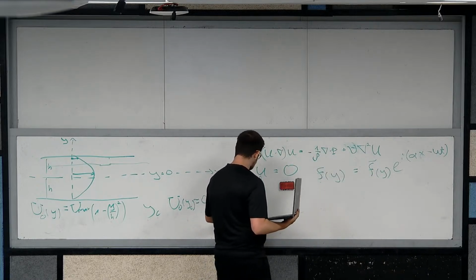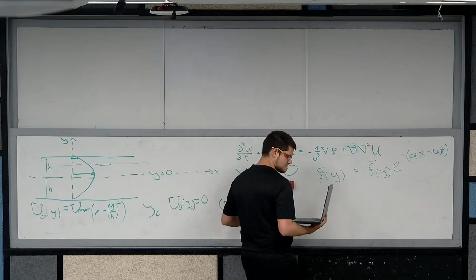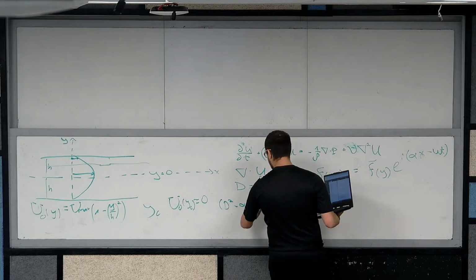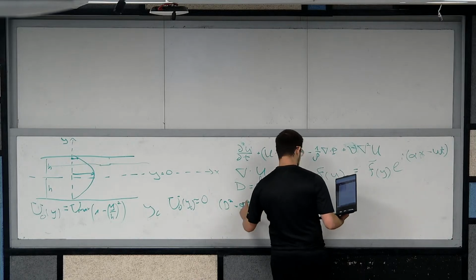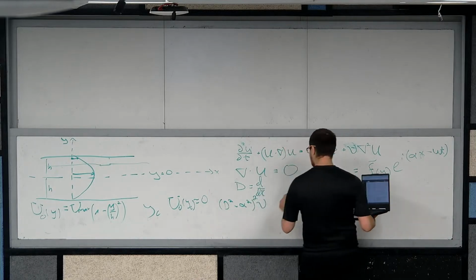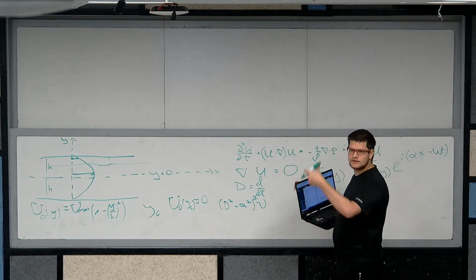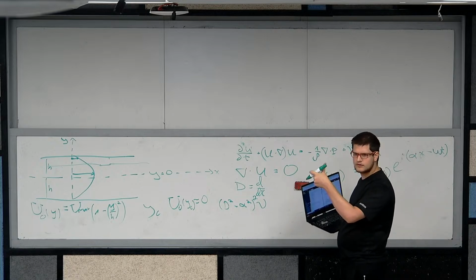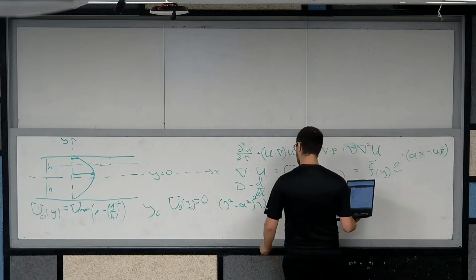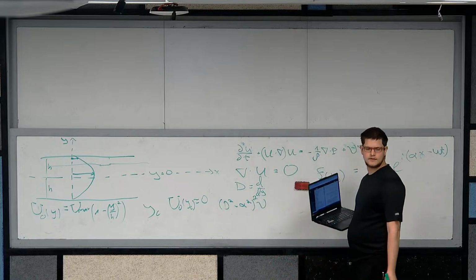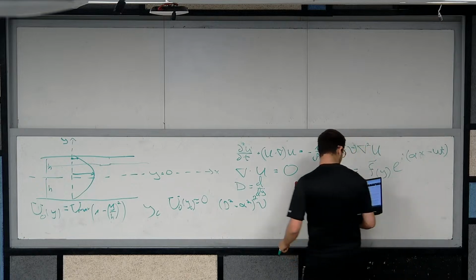D squared minus alpha squared. Let's call it V. V is the perturbation in the velocity in the y-axis. Here it's not x, it's y, because the dependency is only on y.